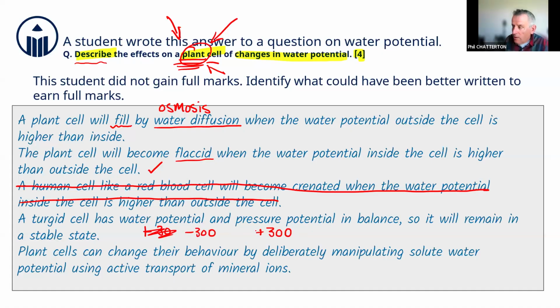It would probably be plus 150 or something like that. So they're not exactly in balance, but the cell is in a stable state. So I'm a bit dubious about that.